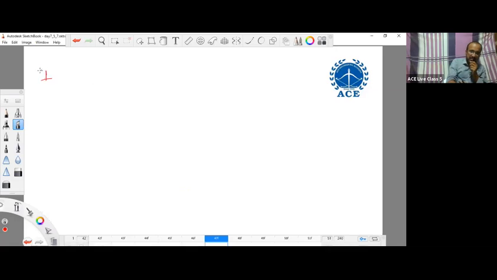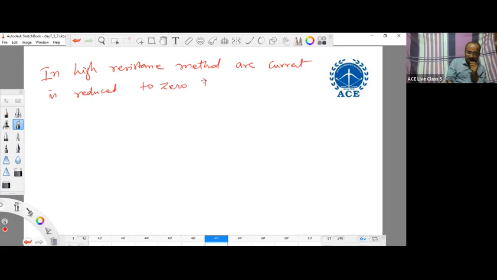In the high resistance method, the arc current is reduced to zero by increasing the resistance of the arc.